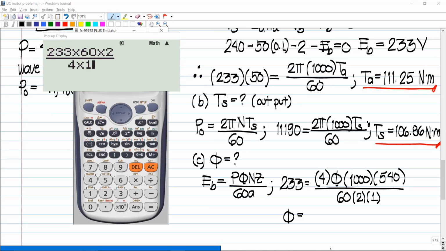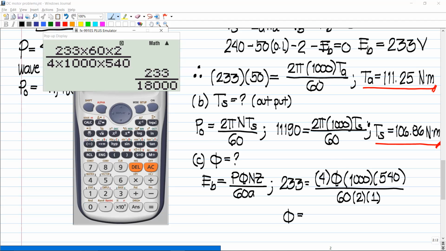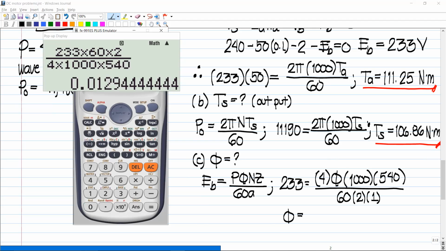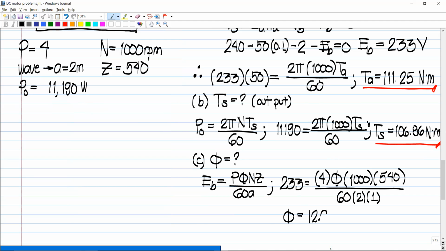So, 4 times 1,000 times 540. So, pakita natin yung answer natin in milli times 10 raised to negative 3. So, ito, 12.94. So, 12.94 times 10 raised to negative 3 Weber. Or this is 12.94. Sige, sulat natin.